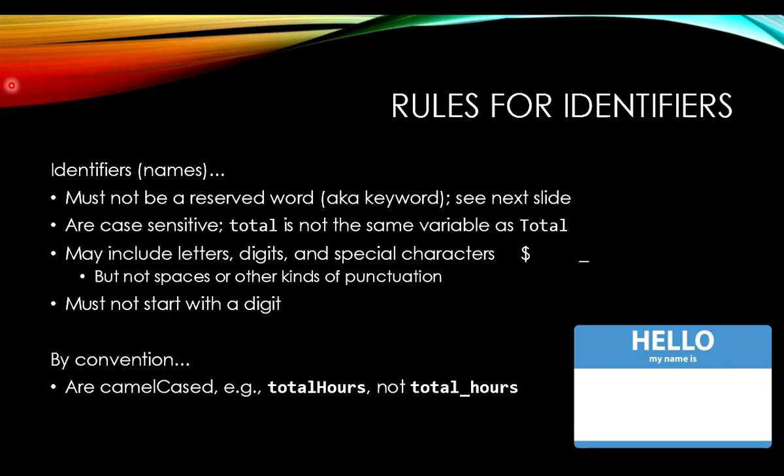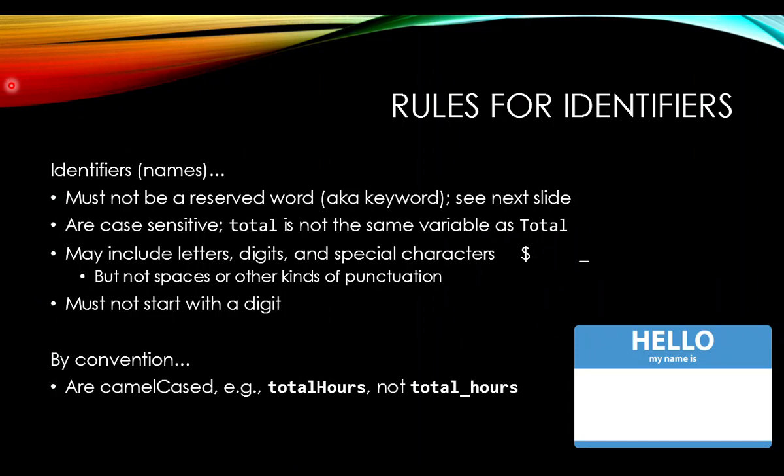First, names can't be a reserved word. Any words that are specific to the language that it would confuse it to see in the context of a variable name are just plain disallowed. We have a complete list on the next page. But to give you an example, words like for, right? We know that there are for loops and that there are while loops. You can't use the word for in lowercase for a variable name, nor while, right?